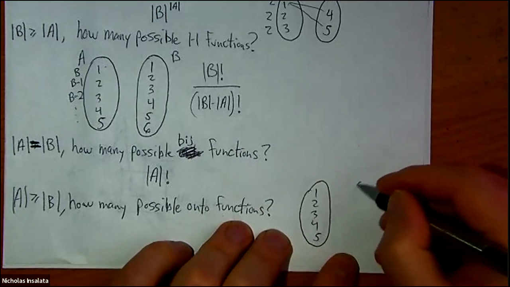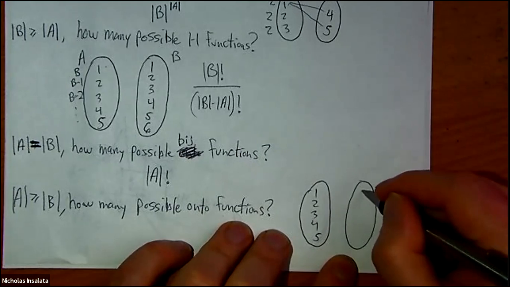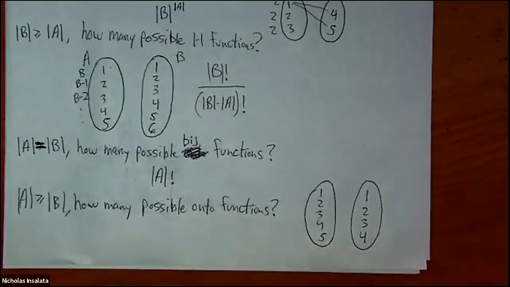And in B, let's have 1, 2, 3, 4. So now what do we do? Or maybe a better question, what are we picking now?